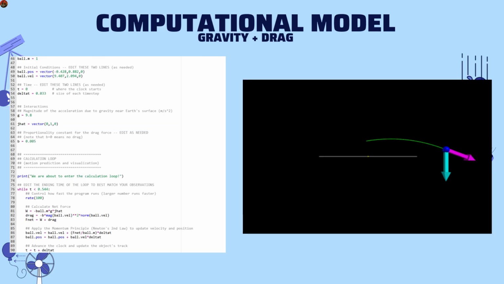For the computational model including drag as well as gravity, B changed to having a value, and the drag component could actually be calculated, getting the magnitude of the velocity included within the drag formula, to add together with the gravity component for F net.